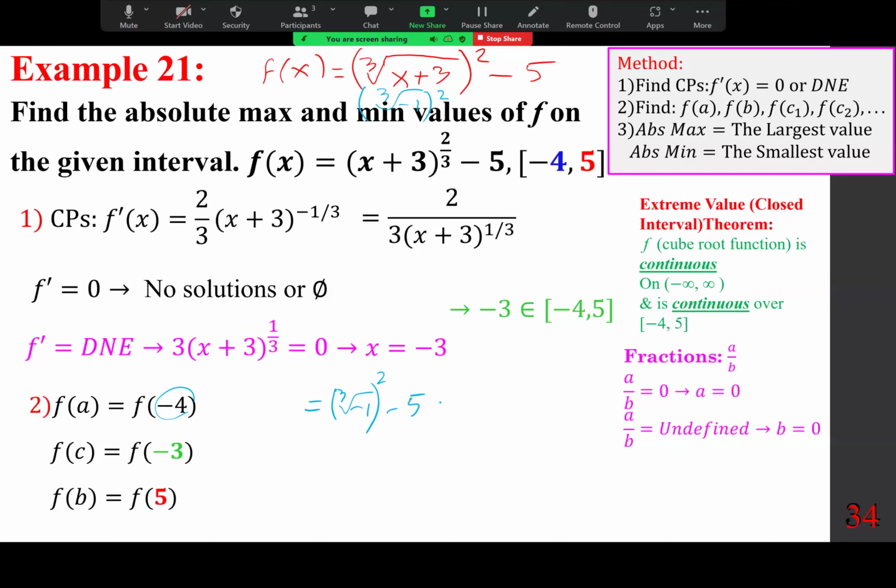As you know, the cube root of -1 is -1. Squared, you get +1. 1 minus 5 is -4.